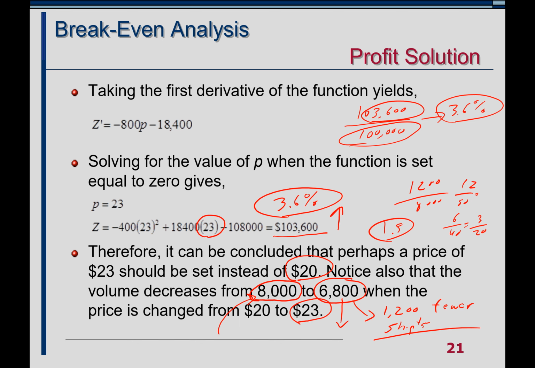So, you reduce the number of items that you had to make by 15%, and your profit goes up 3.6%.